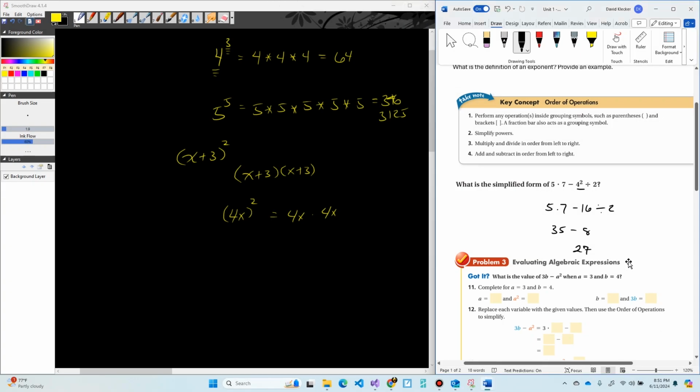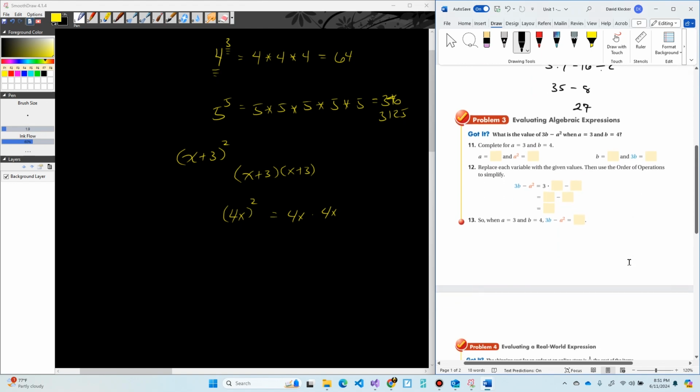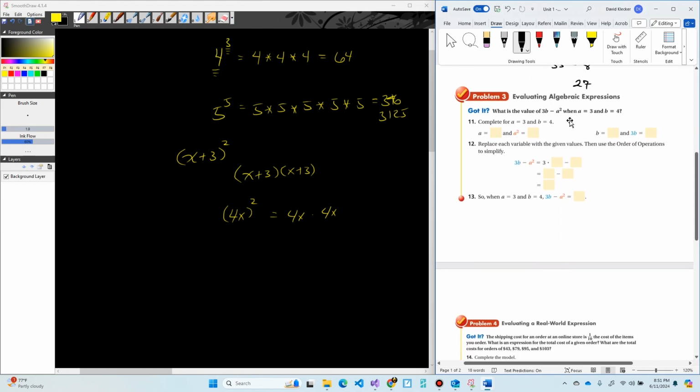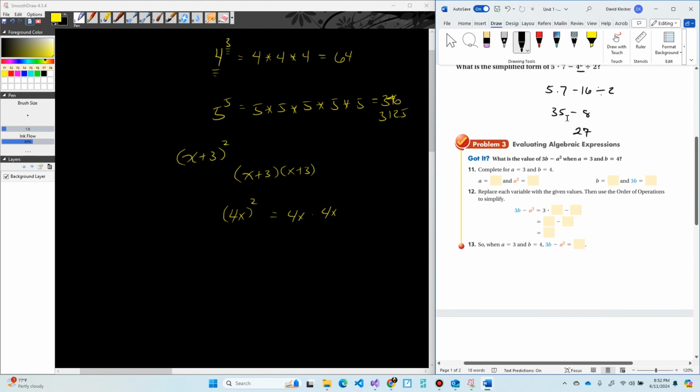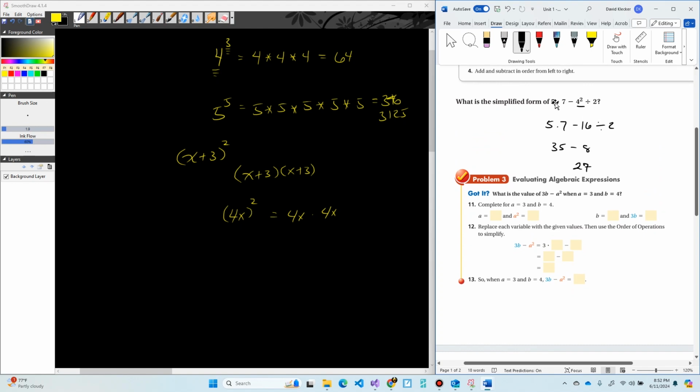Now let's not forget about algebraic expressions. When we have an algebraic expression, we need to be told explicitly what my variable values are going to be, any of the unknowns in my expression, because if I want to apply an order of operations, I need to know what the values are.